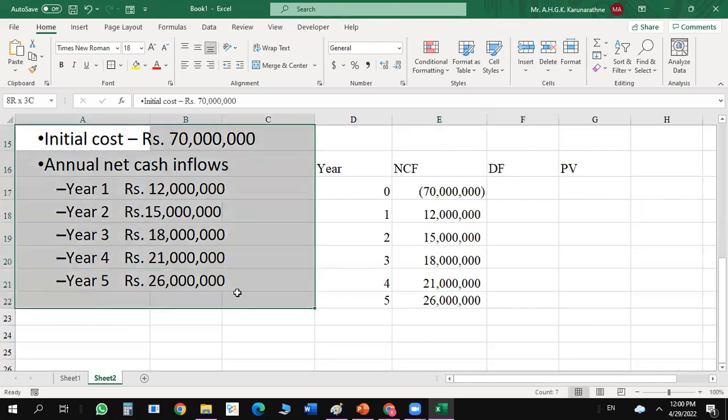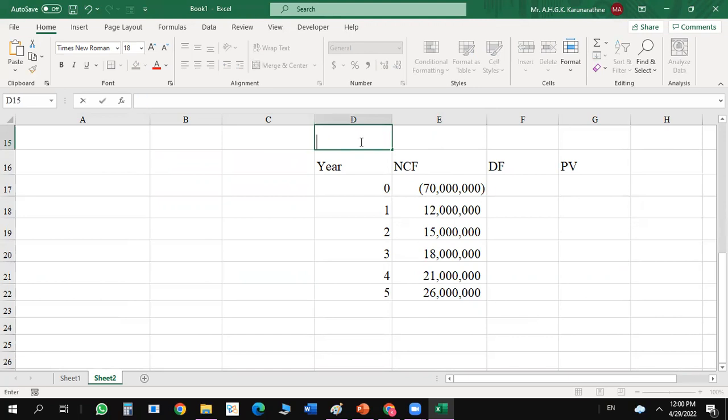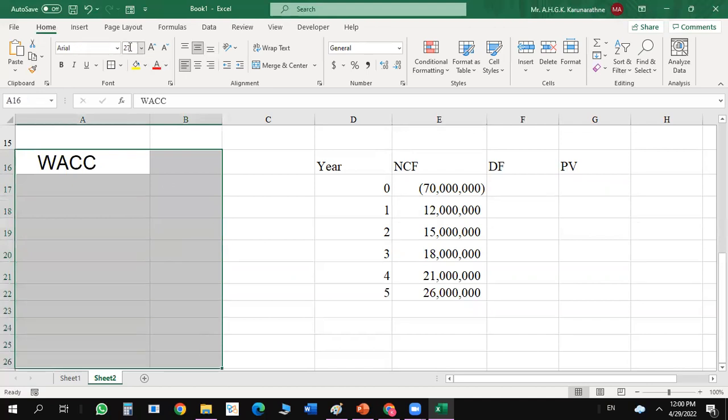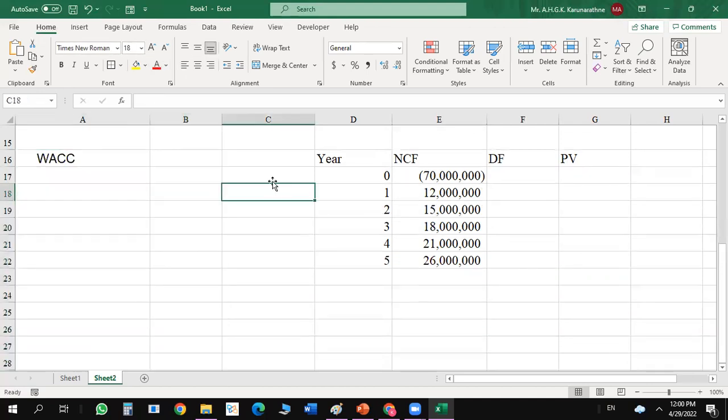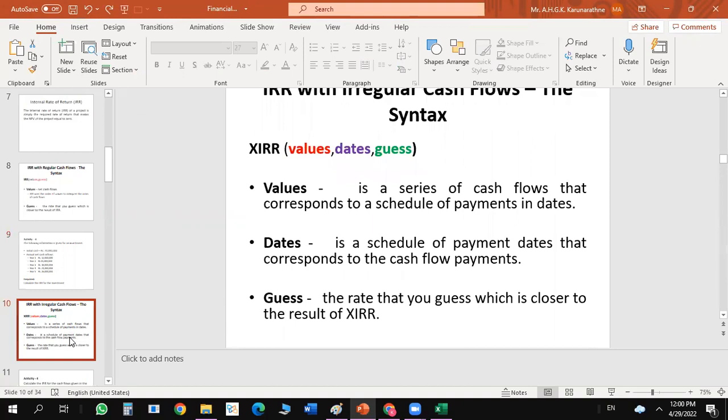Now this is not needed anymore. Then the interest rate, the WACC or weighted average cost of capital, how much is it? It is not given, and the cost of capital is needed for making the decision.